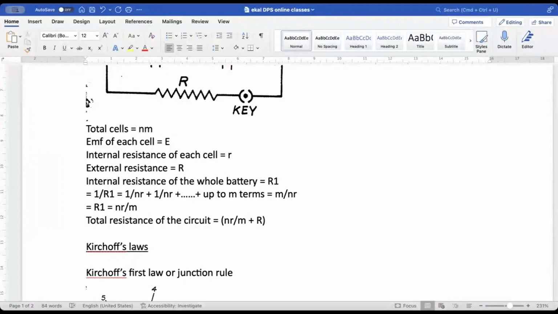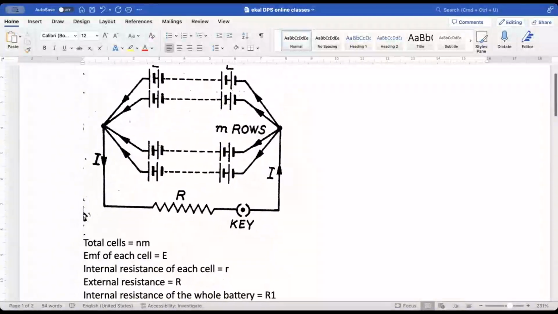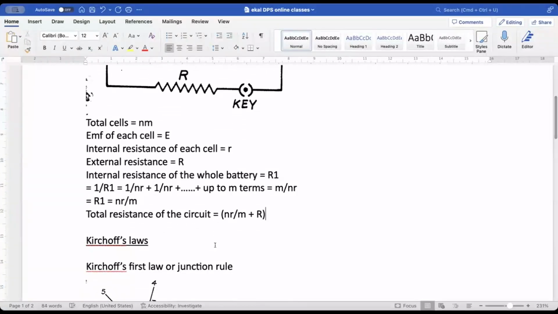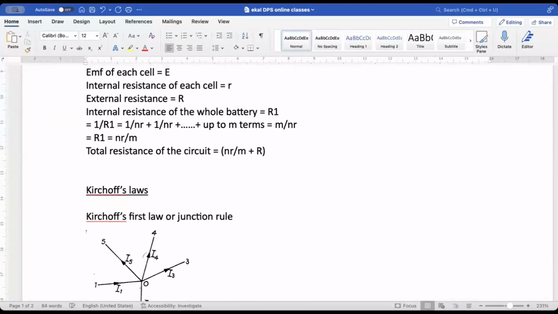And current I flows through this circuit, the external circuit.